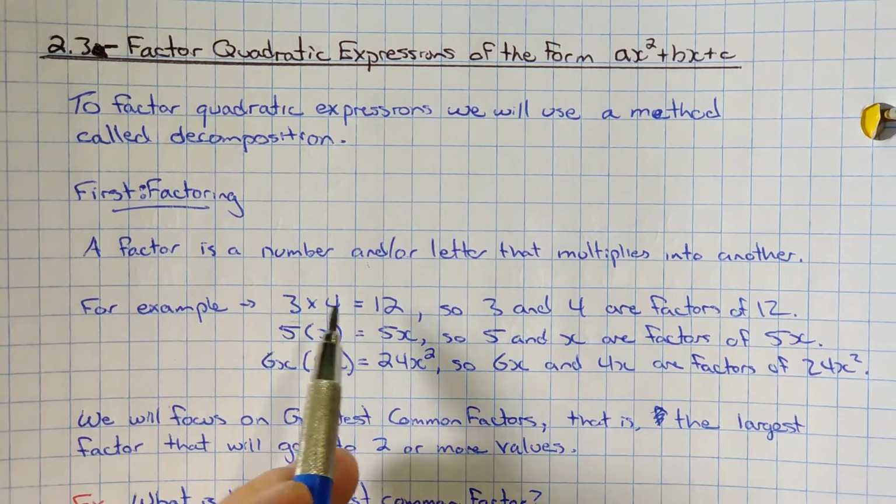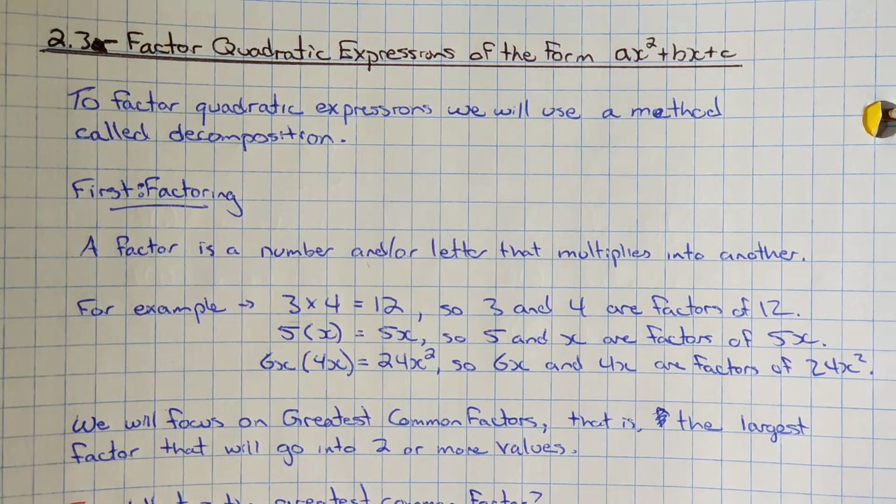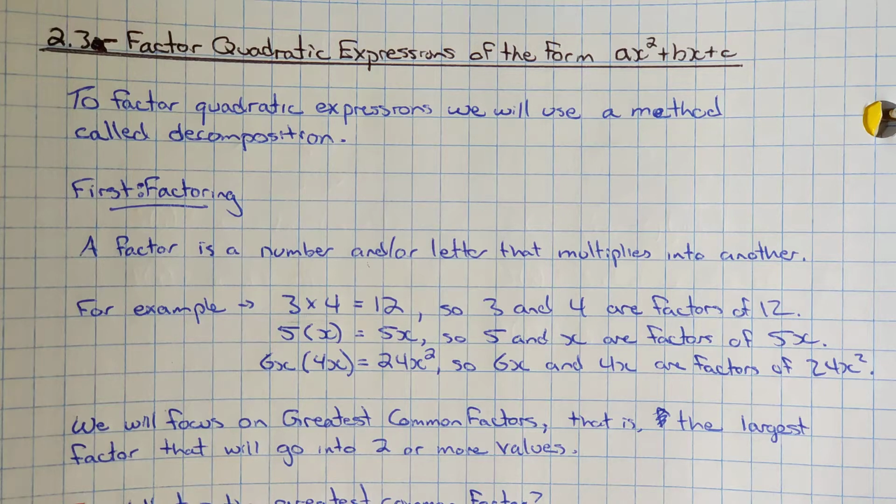So 3 times 4 equals 12. That means that 3 and 4 are factors of 12. Why are they factors of 12? Because 3 and 4 are numbers that multiply to 12. Other numbers that are factors of 12 include 2, 6, 1, and 12 itself.